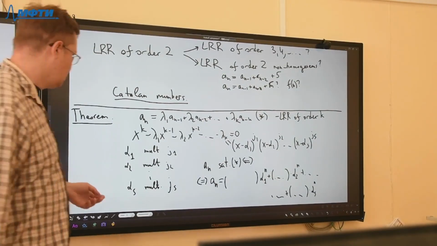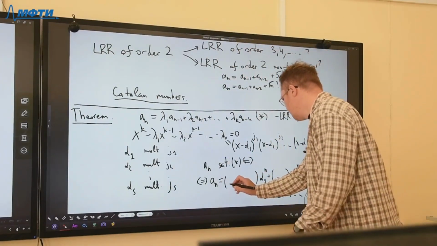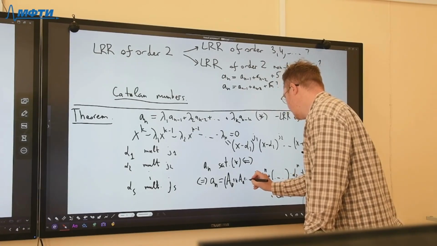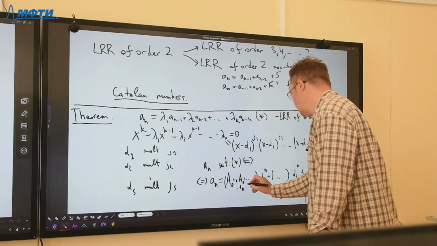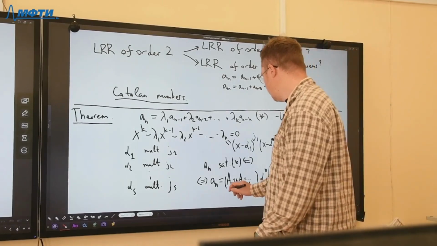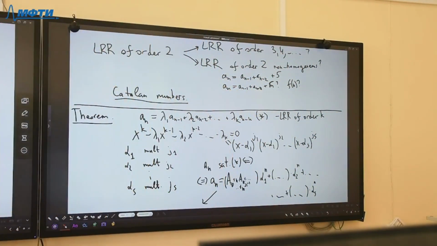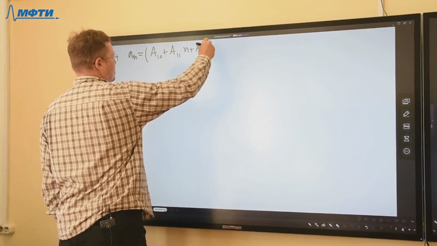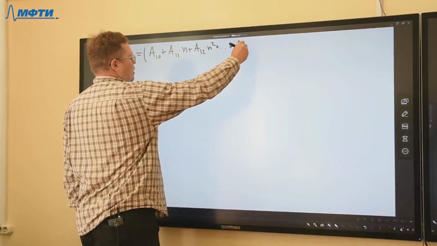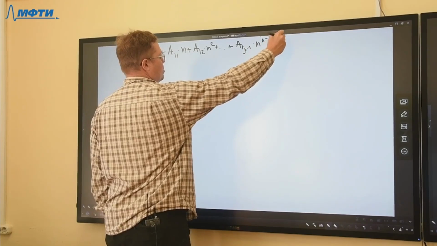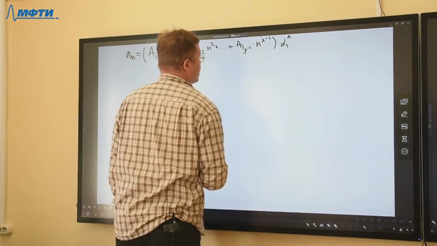So for example, here I should write something like a10 plus a11 times n plus a12 times n squared plus etc., plus a1,j1 minus 1 times n to the power j1 minus 1, all times alpha 1 to the nth power.